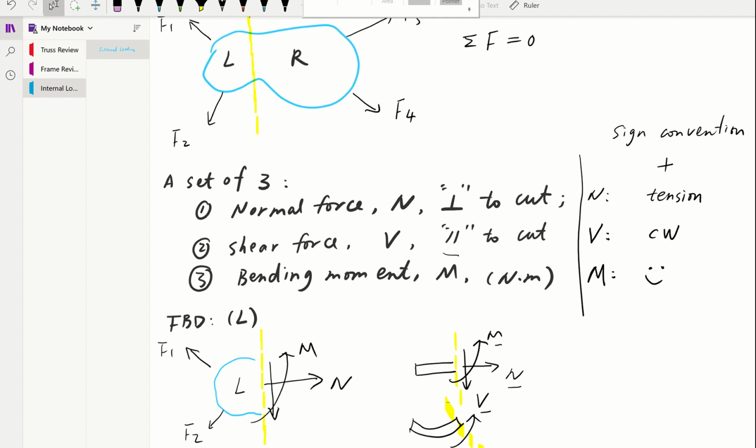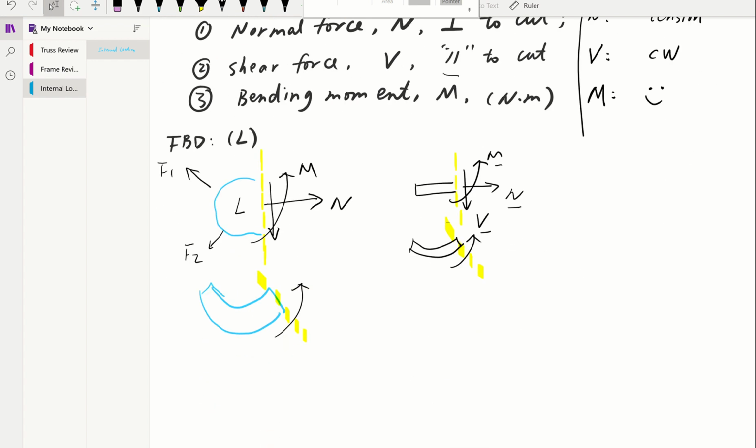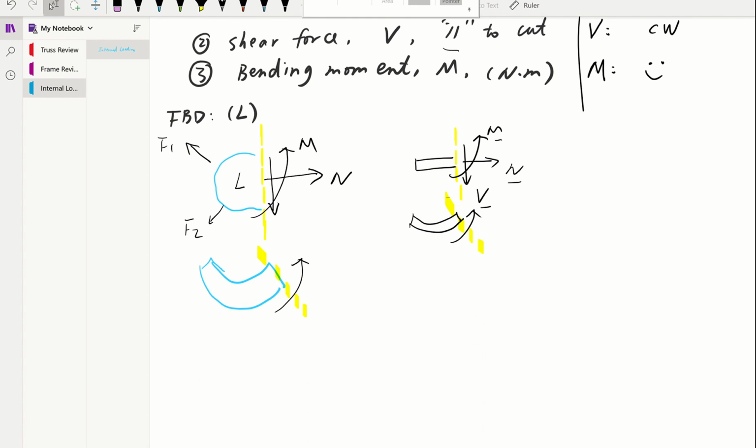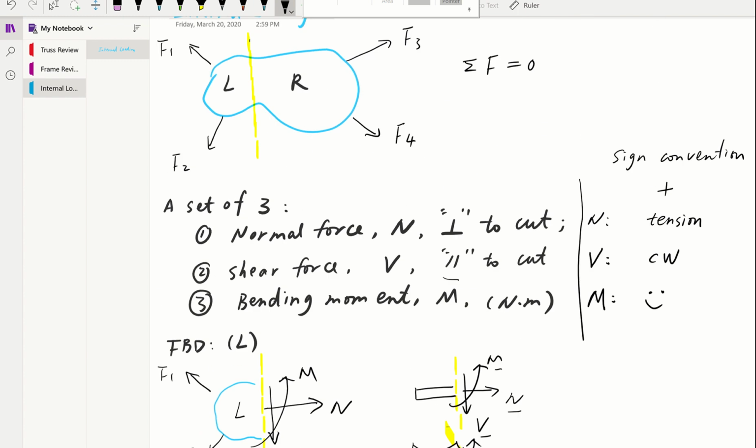Now I'm going to use the same logic, same convention, to do the FBD to the right section. So for the right section, it's going to be something like this, and this is where we cut. For our FBD to the right, what forces are acting on this right section?